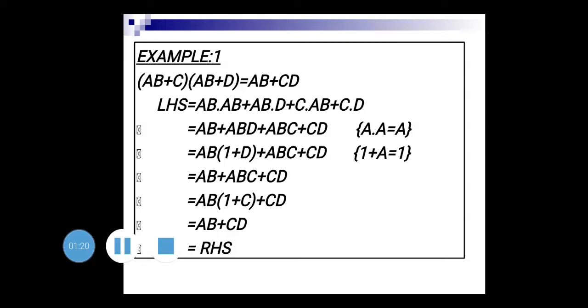There are two different types of Boolean equations which exist in digital circuits, which we will study in chapter 3 later on. So first we will study how to apply the Boolean laws in this equation.